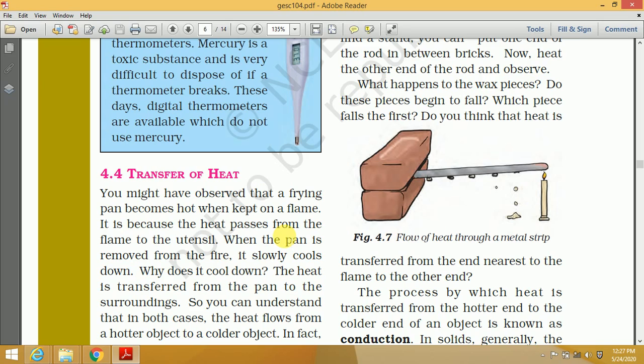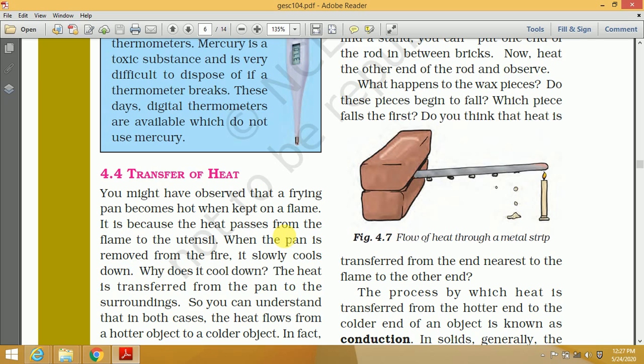Next topic is transfer of heat. Generally, if you have observed, suppose you have a hot cup of tea and it is kept in a room. You will see that the hot cup of tea will become cold after some time.